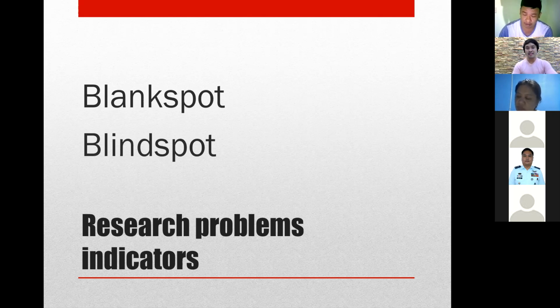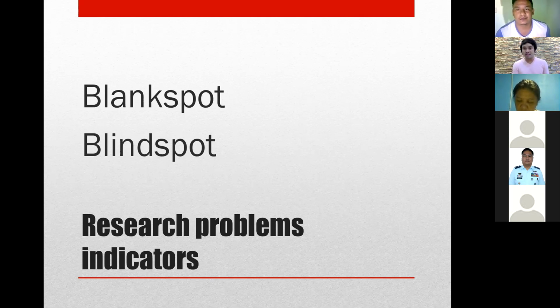Now, when you found out that there is a blind spot, meaning to say that the findings are conflicting with one another, you need to test the hypothesis. That is why blind spot would require hypothesis testing.